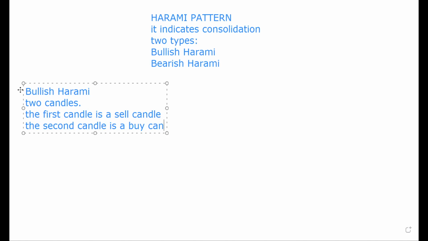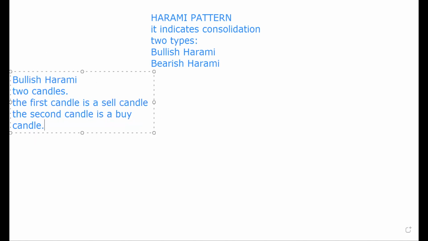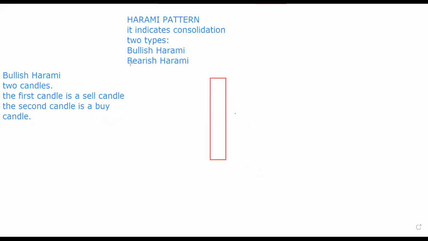And this is the interesting part. For the candles, let me draw how they form. Okay, for the sell candle, this is the size of the sell candle.